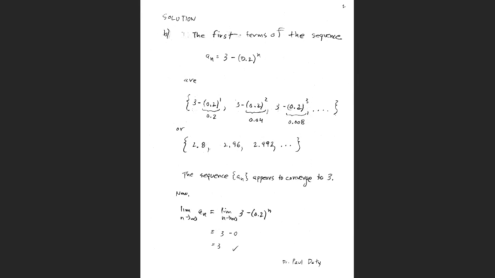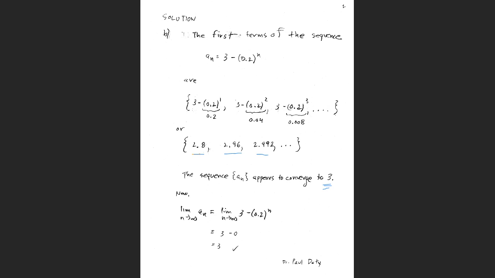I'm trying to be almost conversational in terms of what I'm writing down here to help you get an intuitive feel for these sequences. So I compute the first 3 terms of the sequence, and it looks like the sequence is approaching 3.